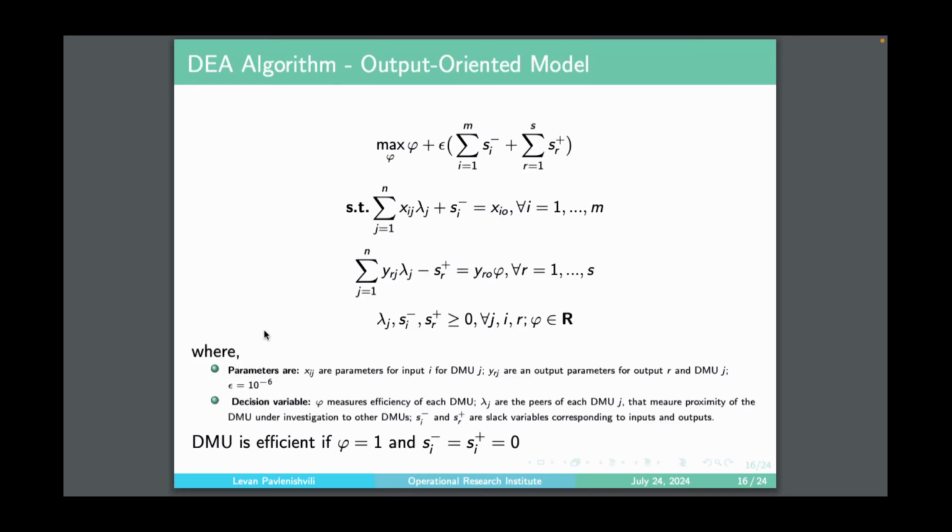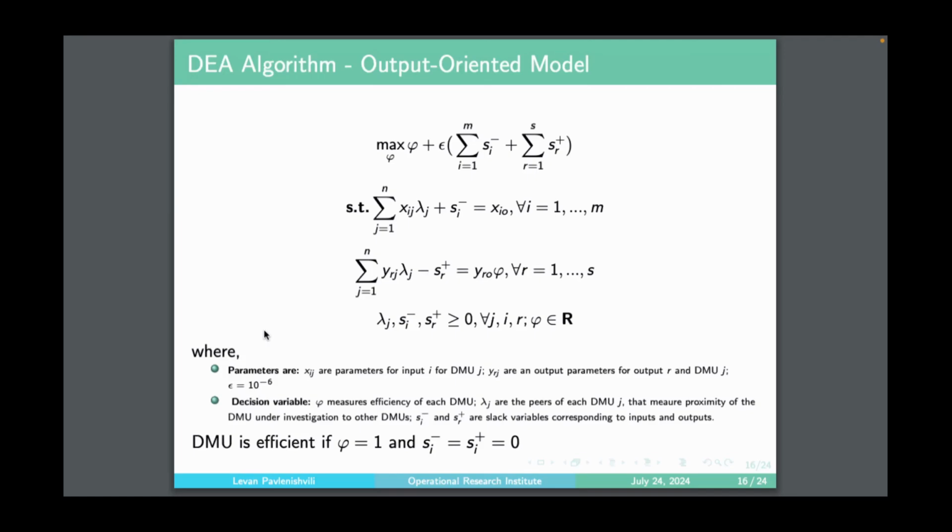And what it would give me is, again, distances towards peers, slacks that are like an additional distance that I couldn't get with my optimal distance measures, and the phi that basically gives me an efficiency result. That measures the efficiency of my DMU. And for my DMU, again with an output-oriented model, phi should be 1 and slack should be 0.